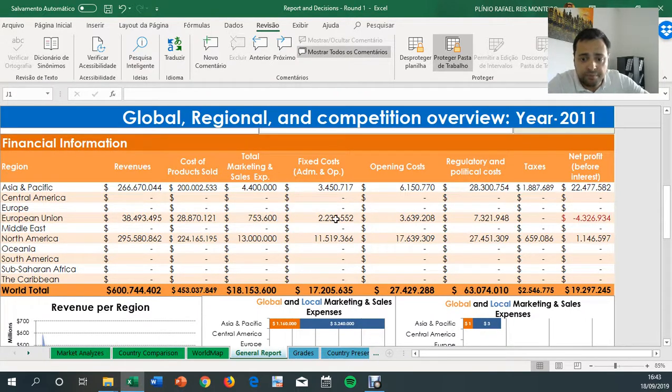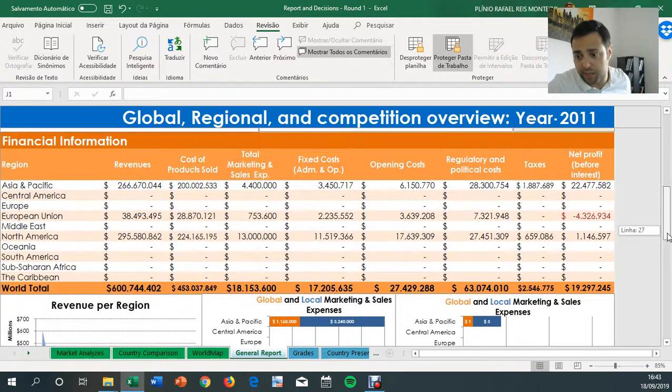And also, you can understand the nature of the fixed costs, the opening costs, the costs to start your operation in the country, the total market spendings, and so on. And also the profit. Basically, countries operating in Asia and Pacific receive a lot of money, $22 million. And in North America, the net profit was close to $1 million.